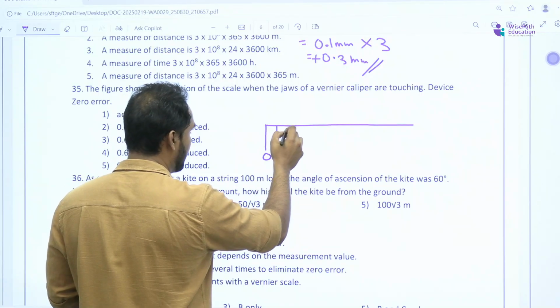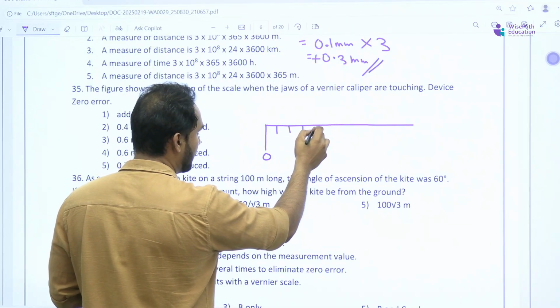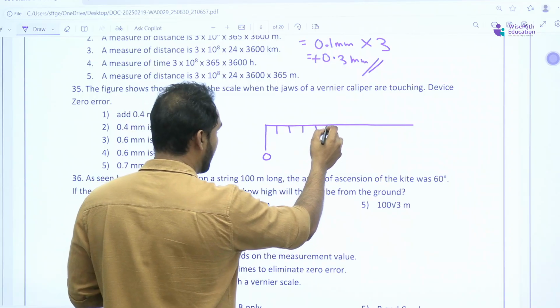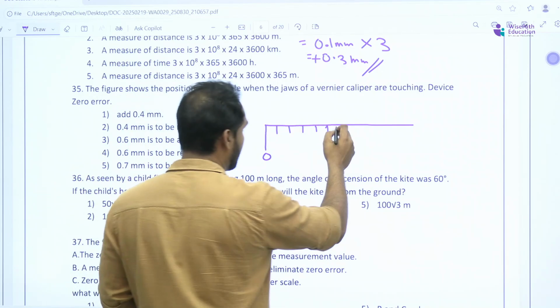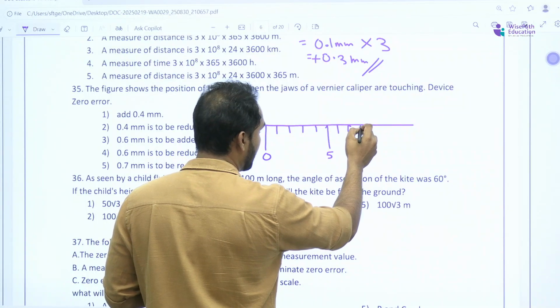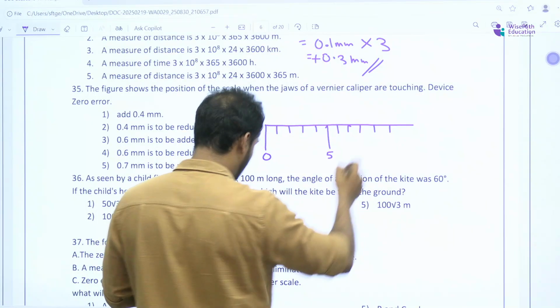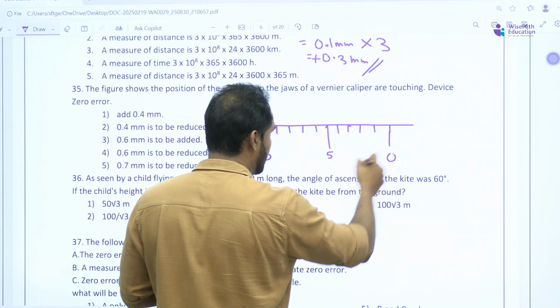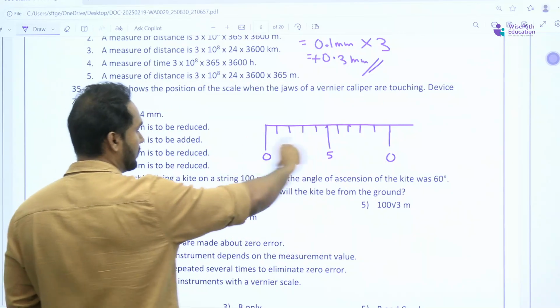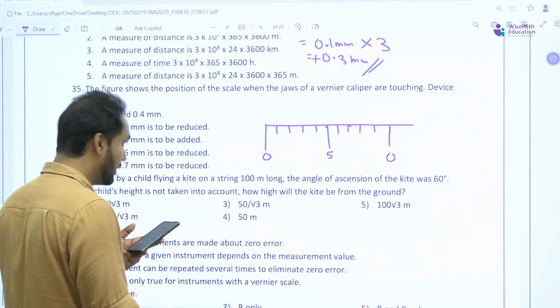0, 1, 2, 3, 4, 5. This is 5. 1, 2, 3, 4, 5 again. 1, 2, 3, 4, 5. That is back again to a 0. Now this should be the vernier, right? 0, 5, 0. 10 of the divisions are there.